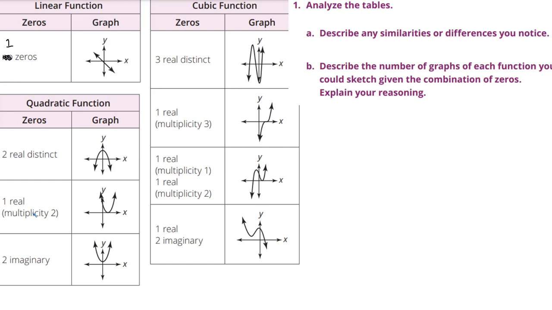The cubic function can have up to 3 times it crosses the x-axis. I want y'all to look and see what is the same and what is different about these different types of graphs.